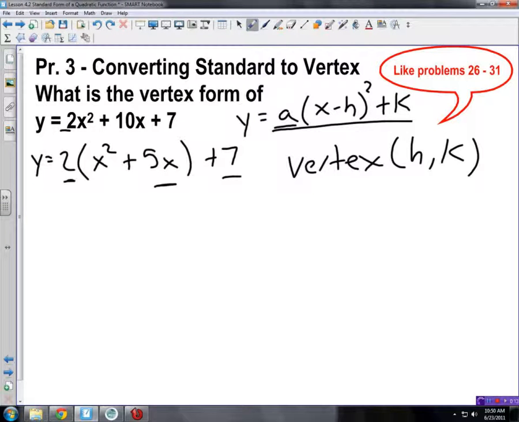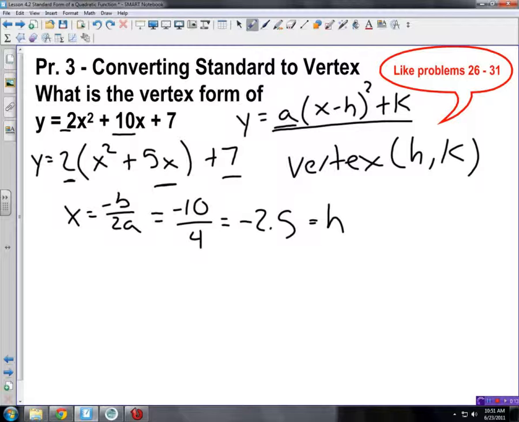We can find h, k by using our formula, opposite of b over 2a. Opposite of b, well, b was 10, so that's negative 10 over 2 times a, which is 2 times 2, which is 4, which is going to give us negative 2.5, which is my h value.